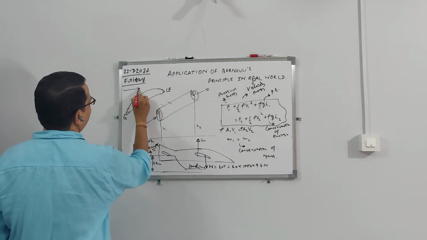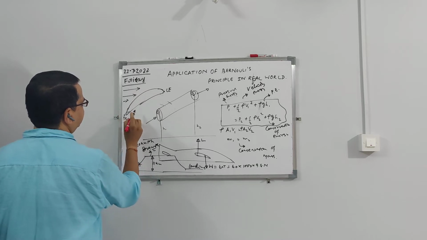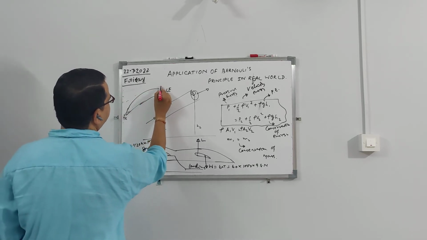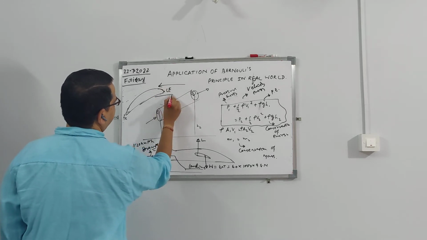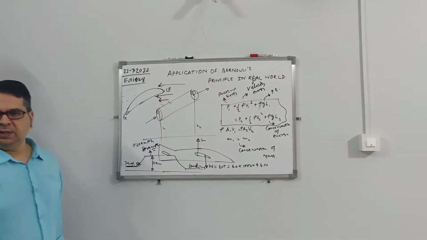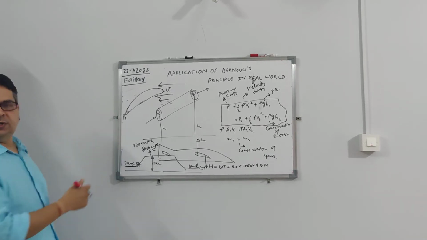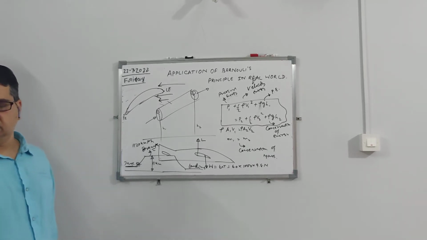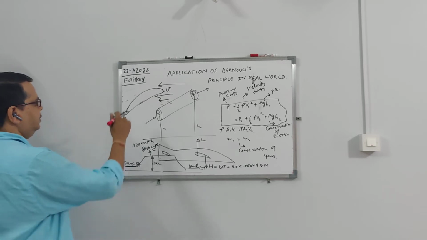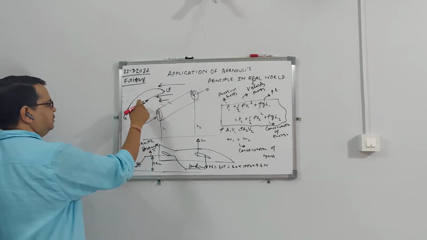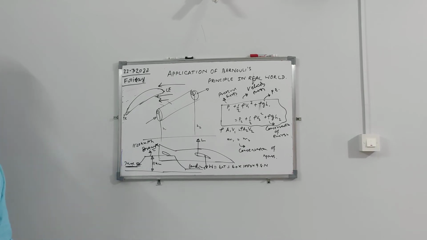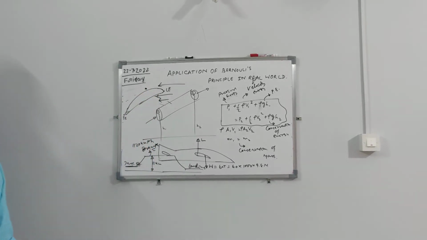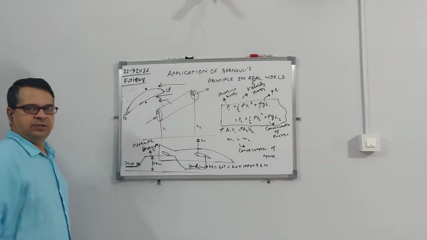So the air is flowing like this. The wing moves and it will meet the air, it will catch the air. I will explain it in detail later. The aerofoil surface behaves in such a way that there is low pressure on the upper surface and high pressure on the lower surface.